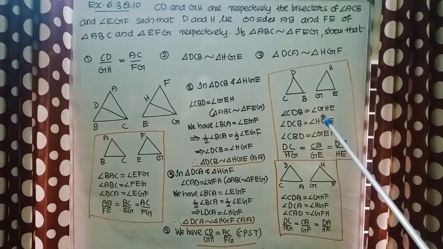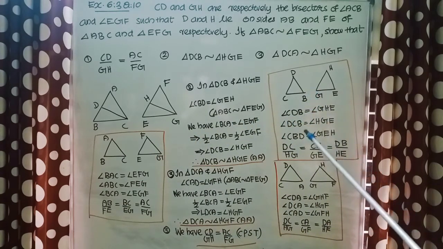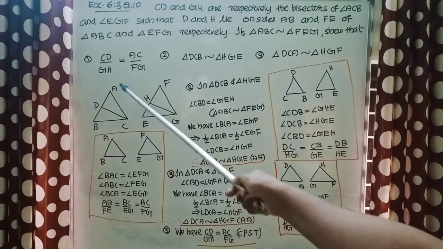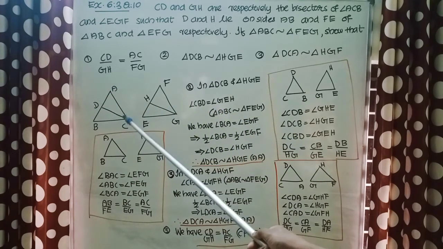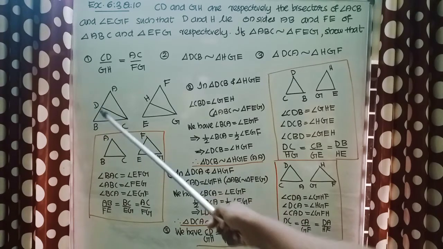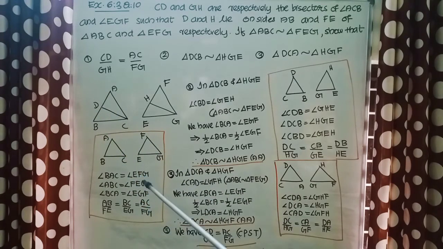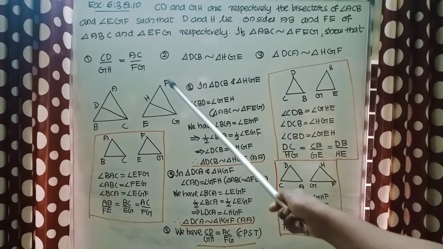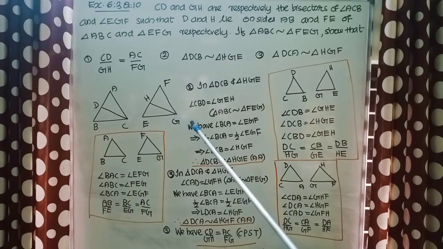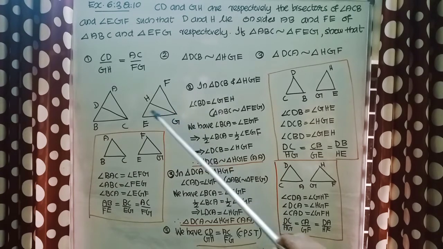We need to find out the equal parts. You can see this angle ABC equal to angle FEG. Angle ABC is same as angle CBD. Both are angle B. Angle FEG is same as angle GEH.